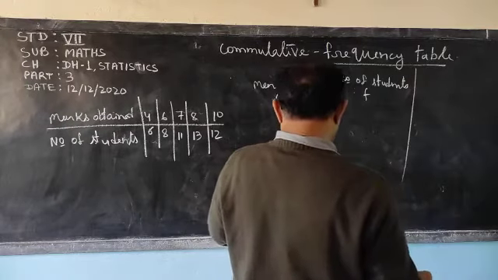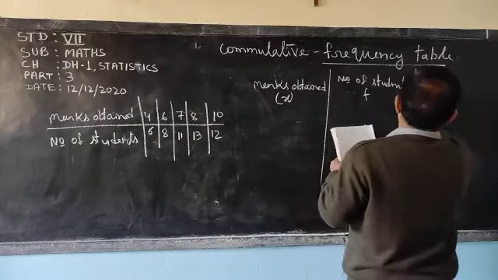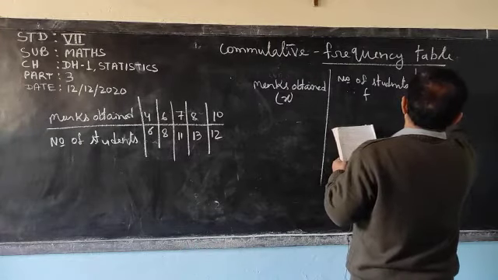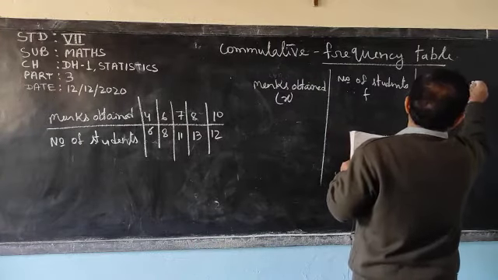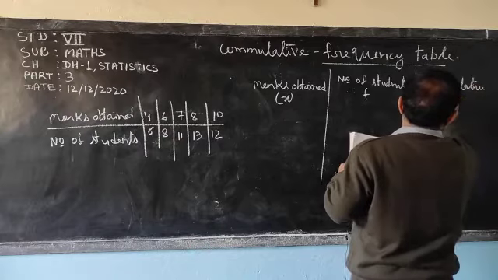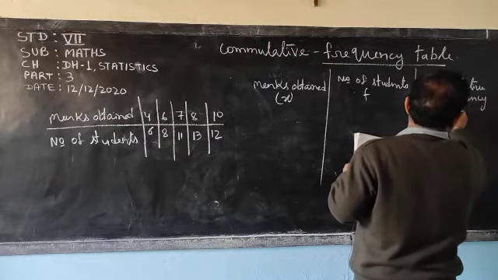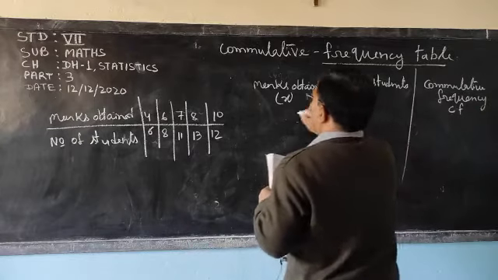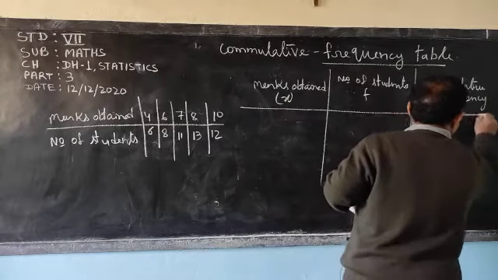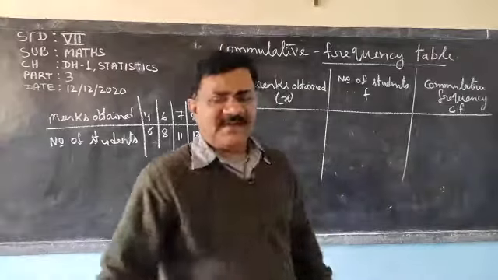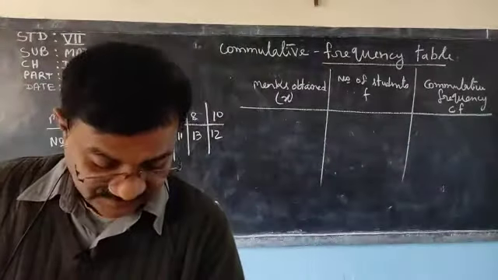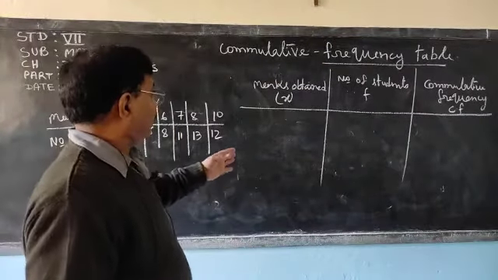And here, cumulative frequency. In short, we will write CF, cumulative frequency. First, let me write this data. Then I will come to cumulative frequency.